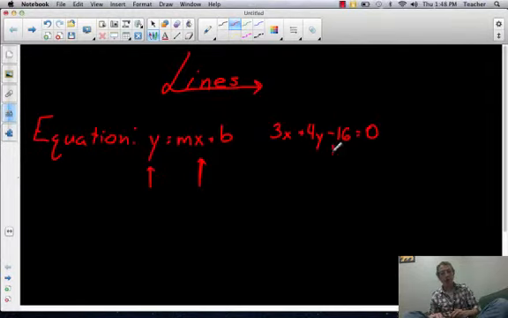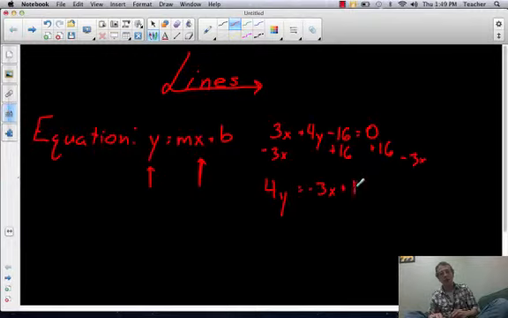So what we're going to do is we're going to add 16 to both sides. We're also going to subtract 3x from both sides. I like doing both of these steps at the same time. So then we end up with 4y equals negative 3x plus 16. Now we have our m, which is negative 3. We have our b, which is 16.